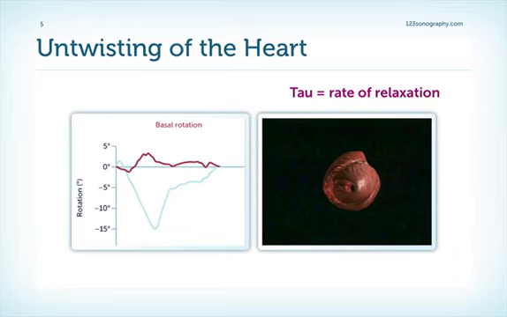Well, during diastole, it has an untwisting motion. And it is the rate of this untwisting motion which describes diastolic function. In other words, we're looking at this part of the curve, the steepness of this curve. And we can describe the steepness with tau, which is the rate of relaxation. Keep this in mind when we look at patients.